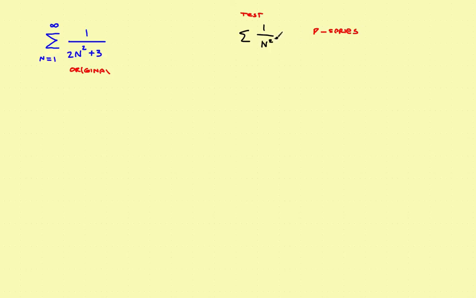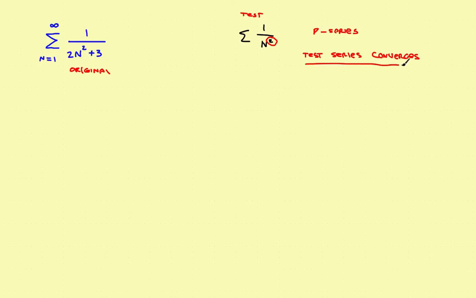And by the p-series, again, if the exponent is greater than 1, then that tells you that the test series converges. So again, if p is greater than 1, then a p-series converges. If p is less than or equal to 1, then it diverges.